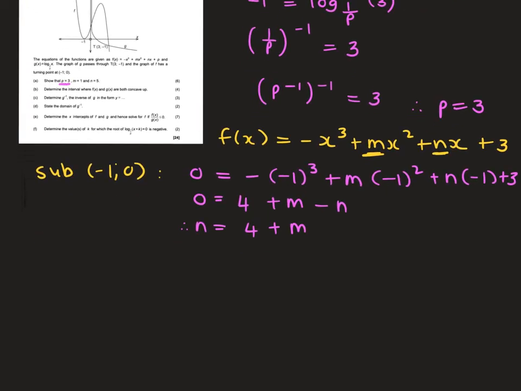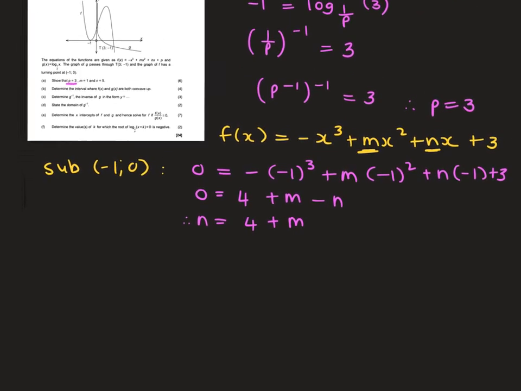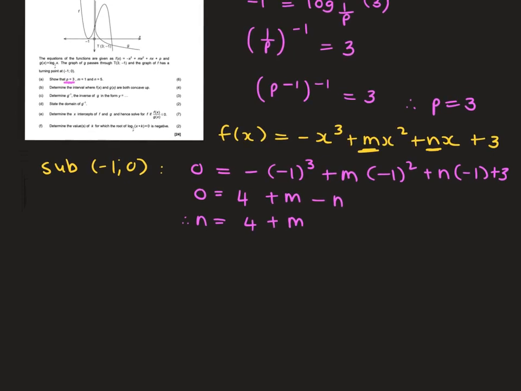The next thing we need to do: remember that they gave us a stationary point, a turning point, and since they've given us that, to determine the stationary point we need to find the first derivative.